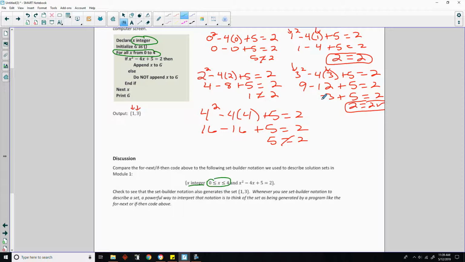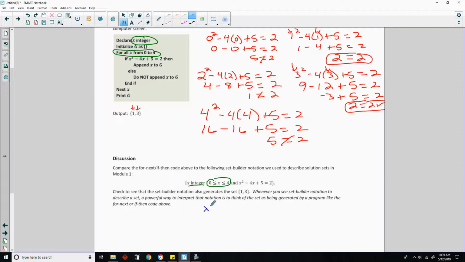Hence, it is possible to determine whether the equation x squared minus 4x plus 5 equals 2 is actually true or false, which we did right here. Similarly, what does it mean for 0 less than or equal to x less than or equal to 4? Well, we could rewrite that. That's this right here.